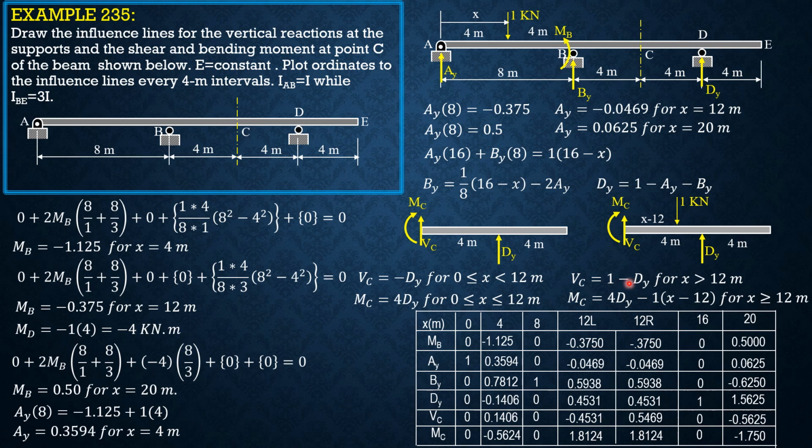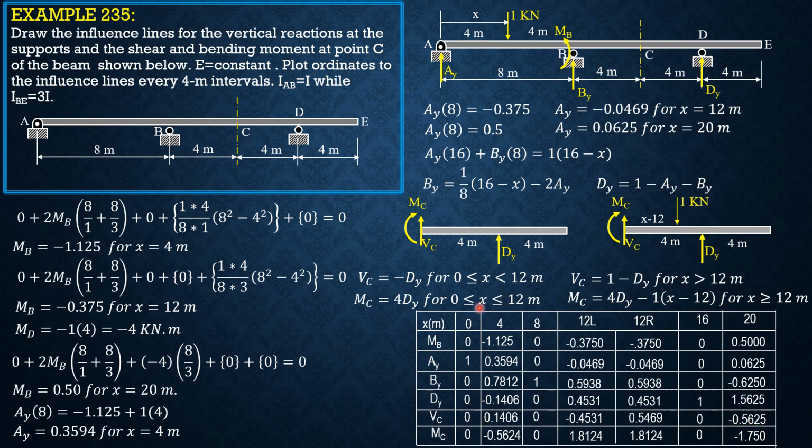Then V sub C just to the right of 12, or when x is greater than 12, is 1 minus dy, so 1 minus 0.4531 is 0.5469. Then at 16, shear at C is 0. Then at x is 20, 1 minus 1.5625 is negative 0.5625.